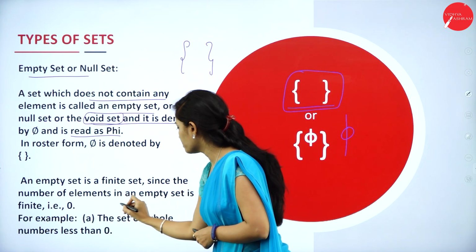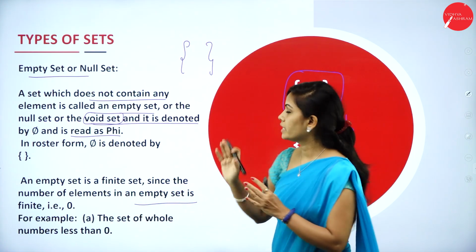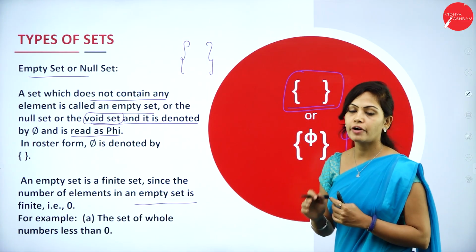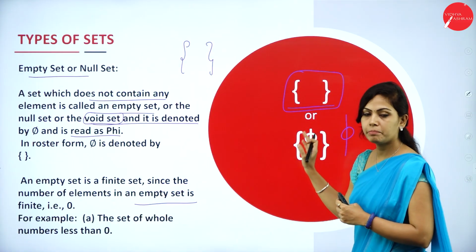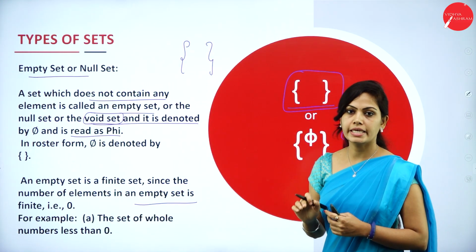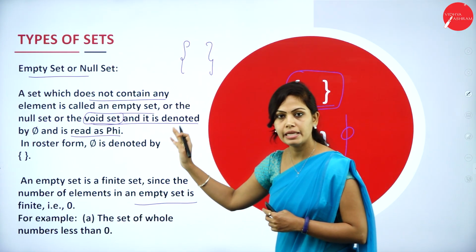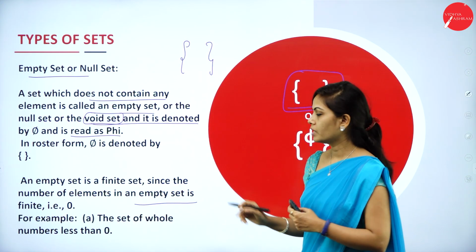Since the number of elements in any empty set is finite, that is 0, I can call it a finite set also. So null set is also known as empty set or void set. A set which does not contain any element is called a null set or empty set.